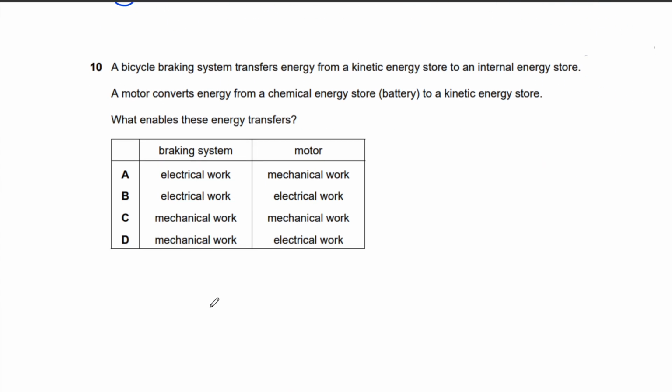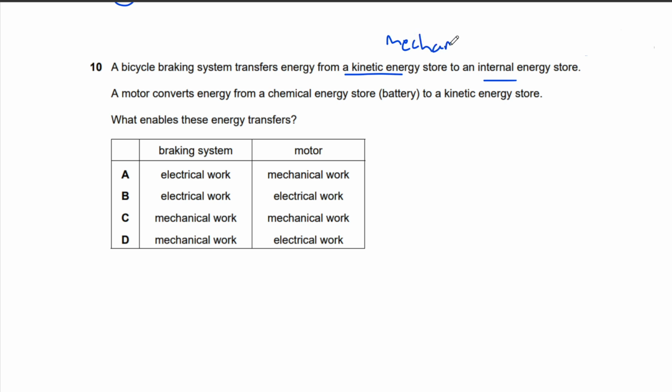A bicycle braking system transfers energy from a kinetic energy store to an internal energy store. A motor converts energy from a chemical energy store to a kinetic energy store, which enables these energy transfers. So this kinetic energy to internal energy is called mechanical work.